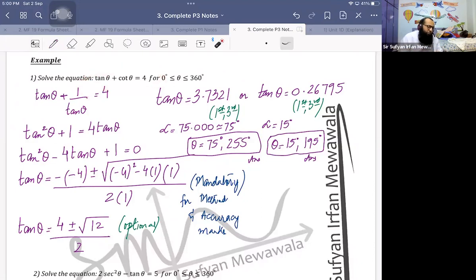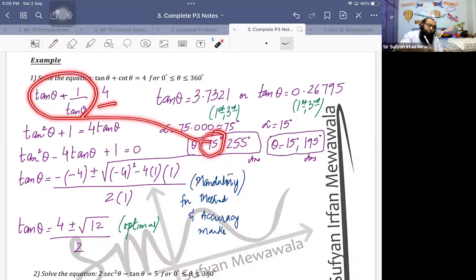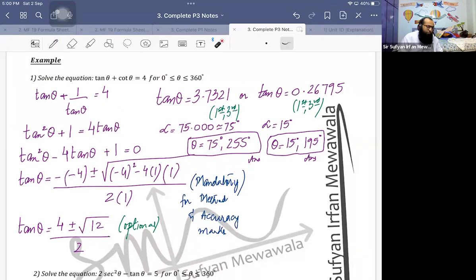You can also check. Tan 75 plus 1 over tan 75 gives you 4. If you put in 75 degrees in this equation, you'll get 4. Then in place of 75, if you write 255, if your calculator is an advanced version, you can type x in place of the angle, then press the calc key.